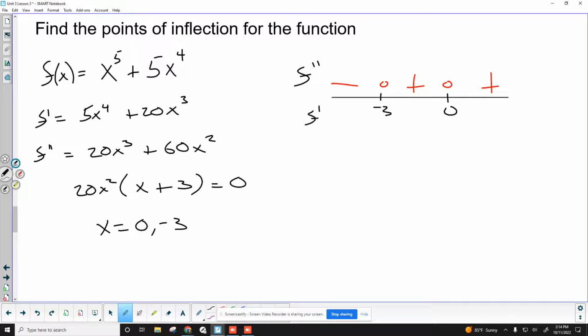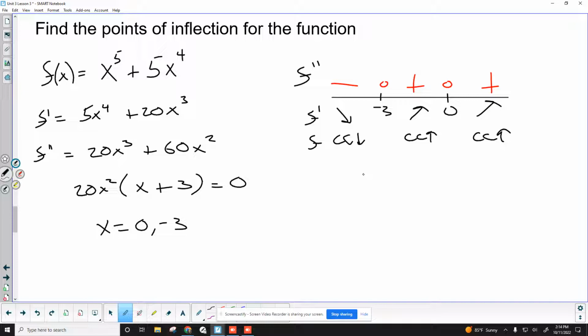F prime decreases, flattens out, then increases, which means f is concave down, then concave up. What the heck does that mean?